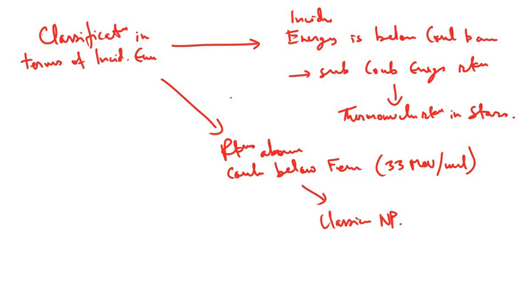Most of the time we talk about these nuclear reactions. When the incident energy is above the Fermi energy, we have the intermediate energy reactions.